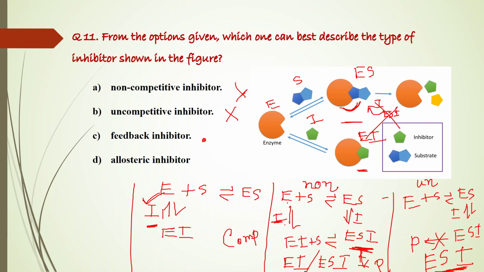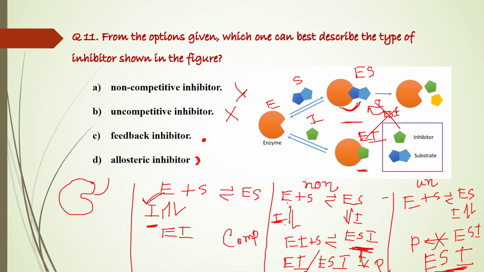I will come to the third option last. First, coming to the fourth one, allosteric inhibition. What did we learn about allosteric inhibition? An allosteric inhibitor will not bind to the catalytic site. Let me draw it here. Suppose your enzyme looks like this.